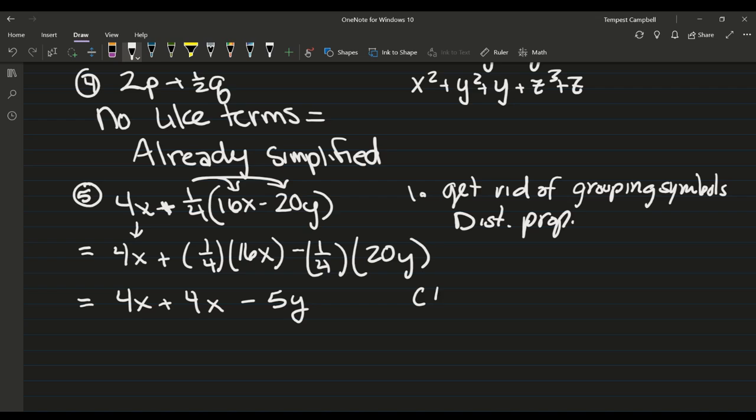Now we can combine like terms. So that's our second step. We're going to combine like terms. So we get 4x plus 4x is 8x minus 5y. Are those in alphabetical order? X, Y, Z? Yes, they are. So we are done.